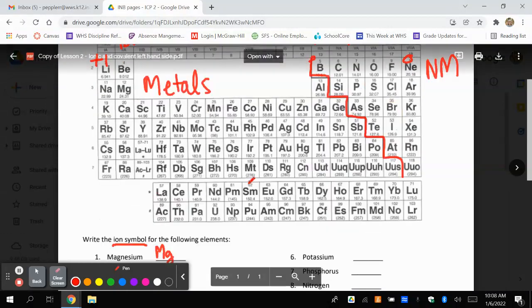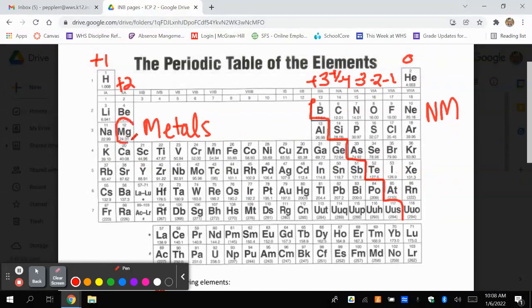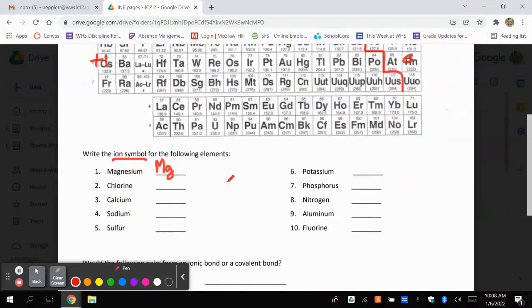We go up to our periodic table and find where Mg is located, right there. Mg is in group 2, so when it forms ions, it forms +2 ions. So the ion symbol for magnesium would be Mg +2.